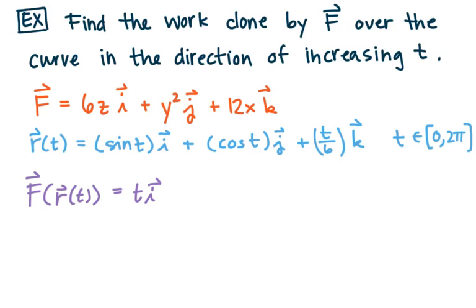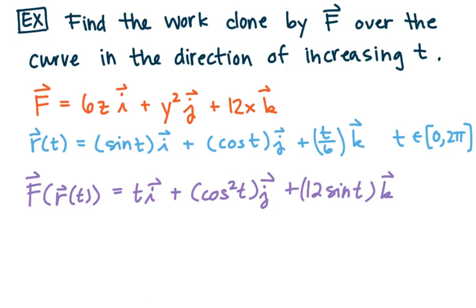Y squared, my y value is cosine t, so I'll have cosine squared t j. And then 12x k, sine t is going to go in for that x, so I have plus 12 sine t k. I also need my derivative.